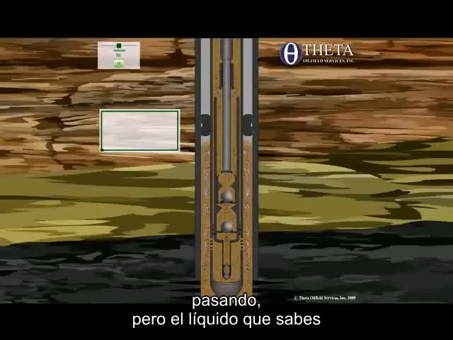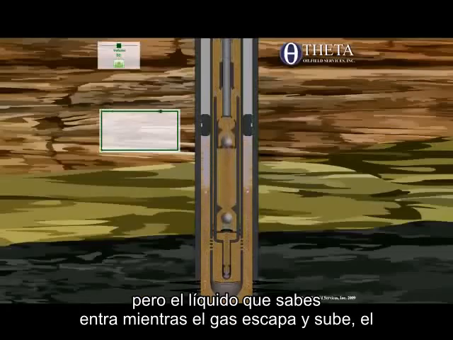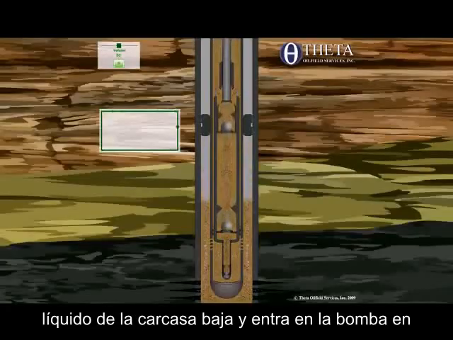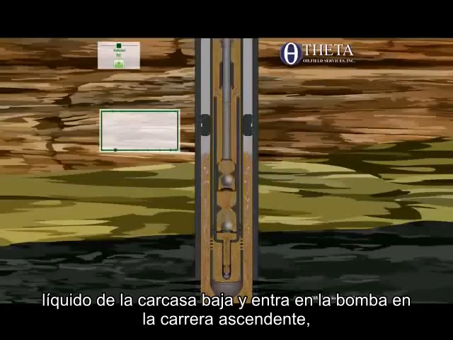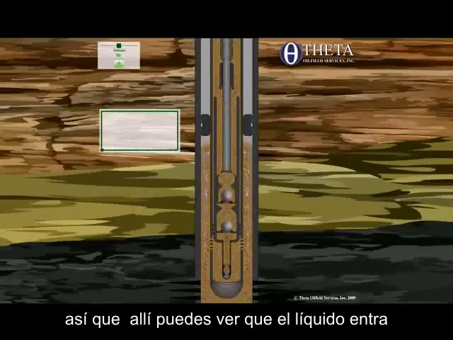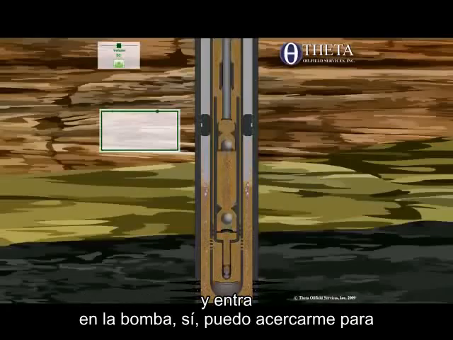But the liquid goes in while the gas escapes and goes up the casing. Liquid goes down and into the pump on the upstroke. So there you can see that. Liquid goes in and into the pump. Yeah, I can zoom in.